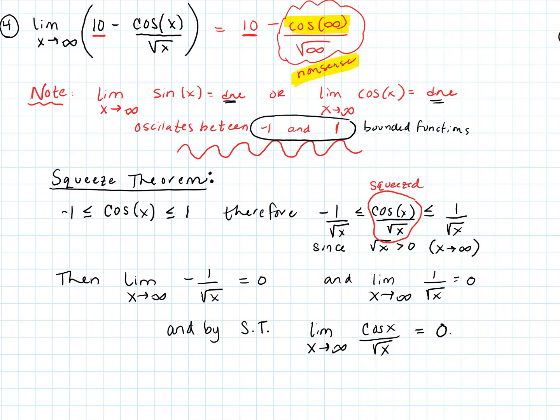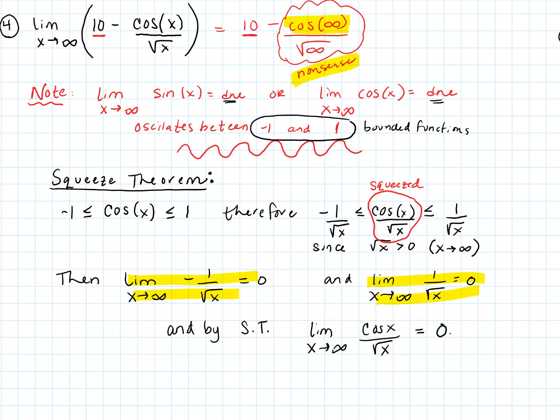This piece was nonsense. We have to use some mathematics. We have to use a theorem that says that cosine is bounded in between two values. So we can take the limit of the cosine of x over the square root of x, but we have to do so by squeezing it in between two limits that we can compute using the rules that we have.